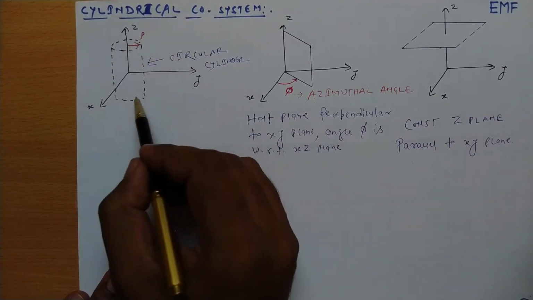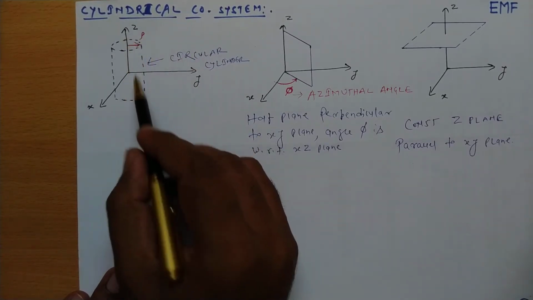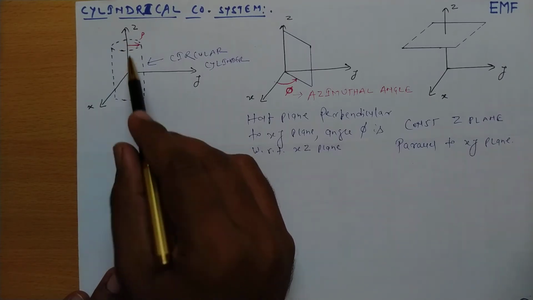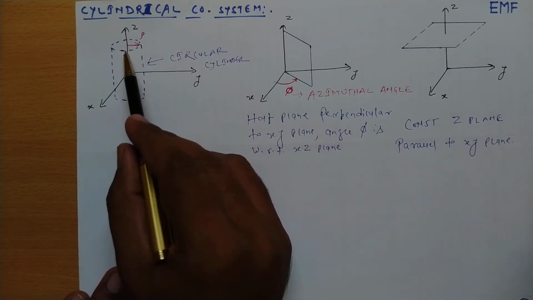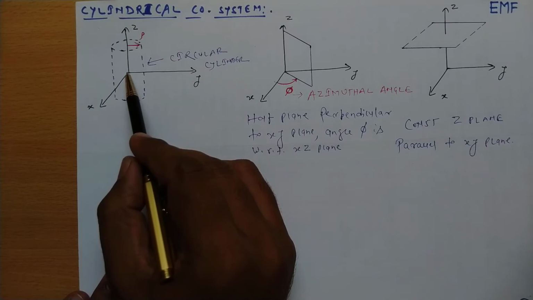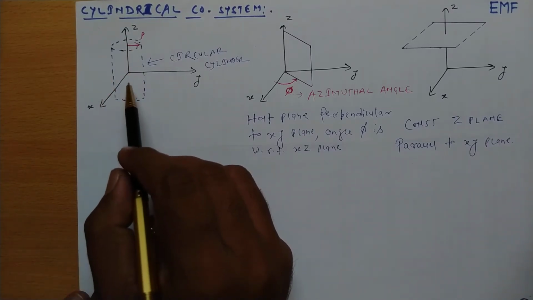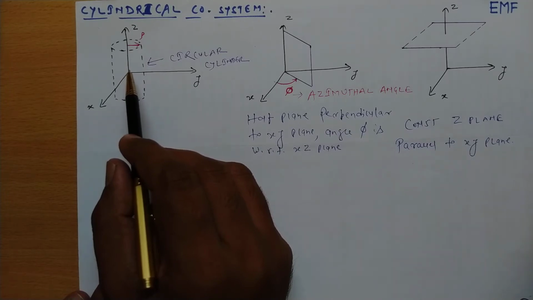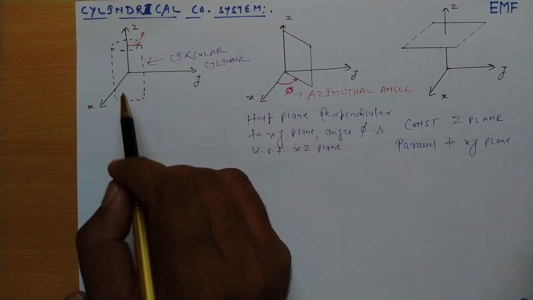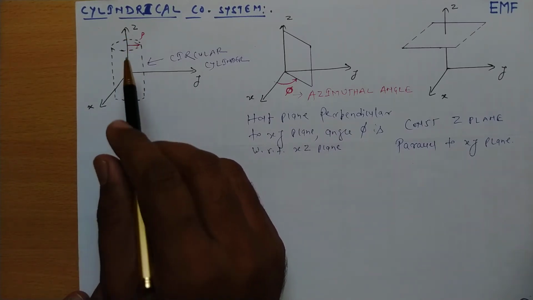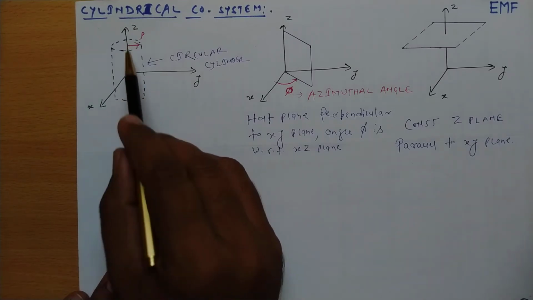Now this circular cylinder is placed on the z axis, or we can say the z axis is aligned with the axis of the cylinder. So the z axis is the axis of the cylinder.